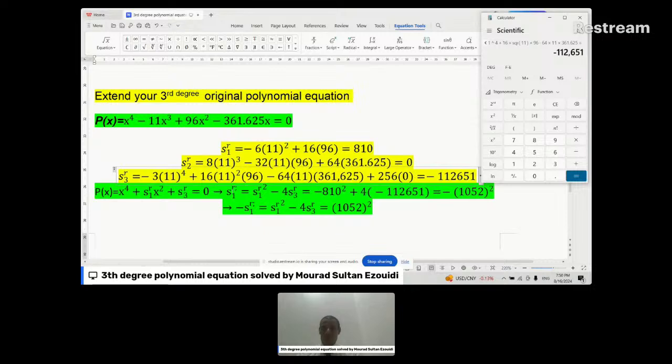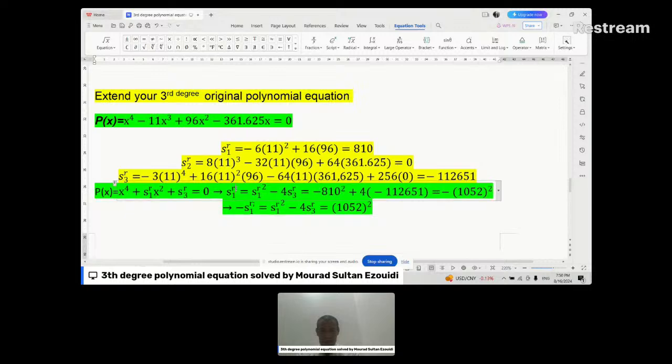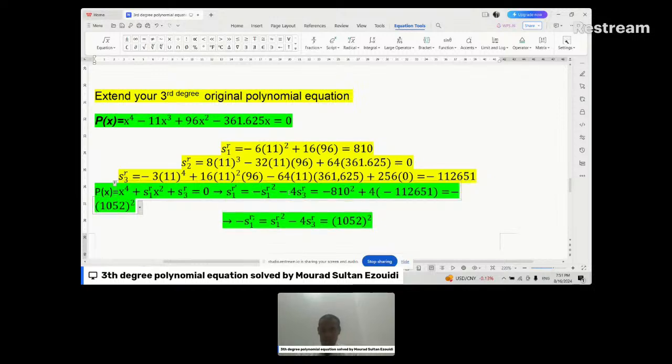I'm going to introduce my discriminant formula for the second degree equation: S1 of the r squared minus 4, with the opposite sign.